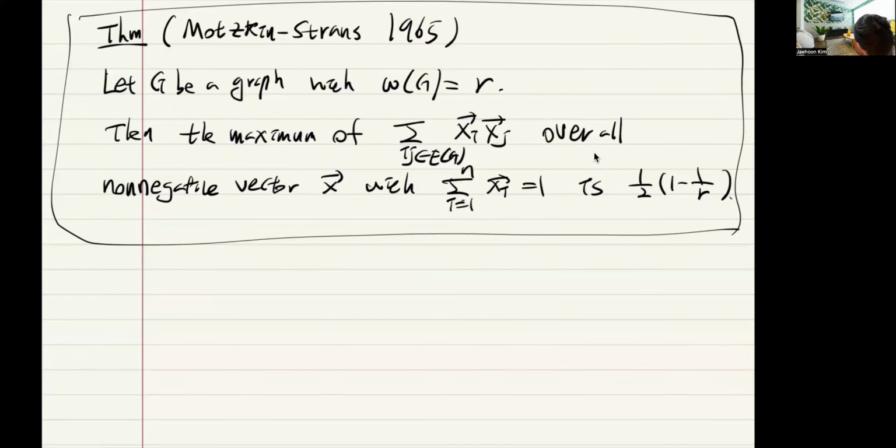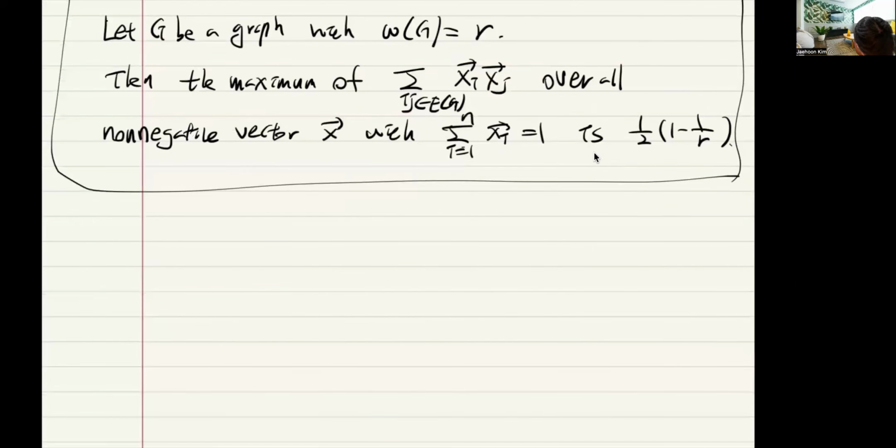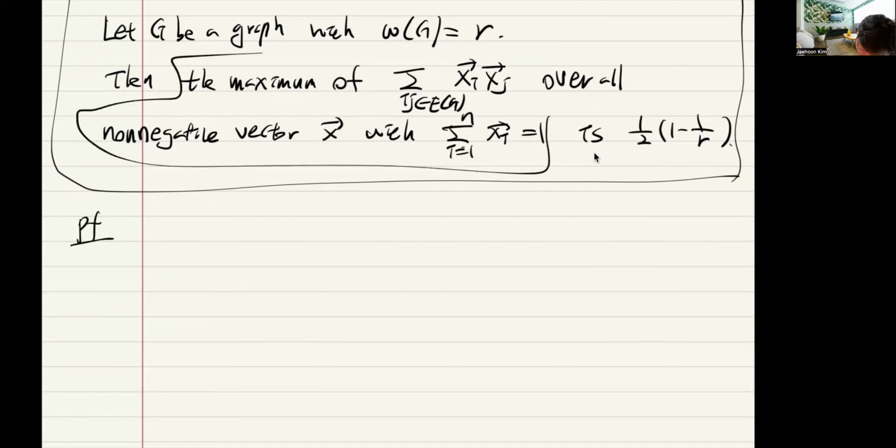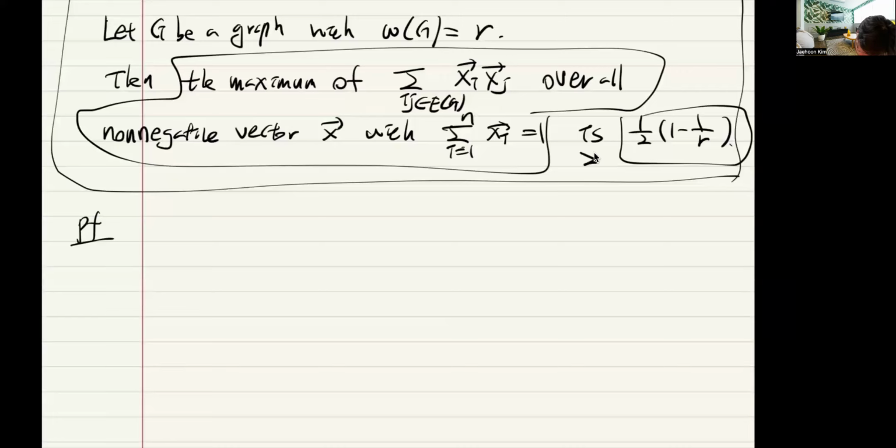So, okay. First, we want to show that this equals this, right? This inequality is easy because this is about a maximum, so you just choose one vector.